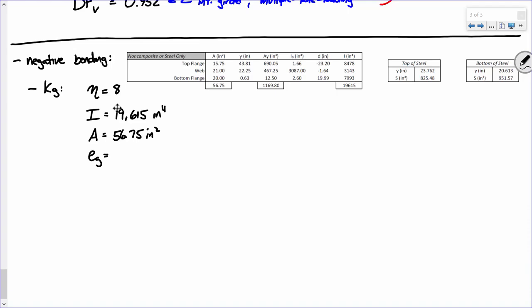Now EG, let's see if y'all remember that. Remember EG was the distance from the center of the beam to the center of the slab. So let's get to the center of the slab first. Let's see if we remember this. We start at the bottom, go bottom flange thickness, right?